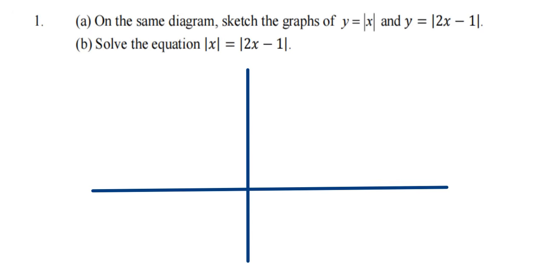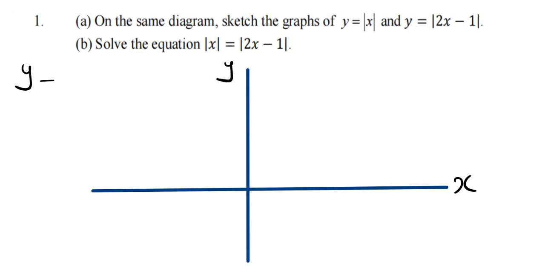Let's say this is our graph. This is the y-axis, this is the x-axis. Now, you know that a modulus looks like a V, because of the nature of the modulus itself.